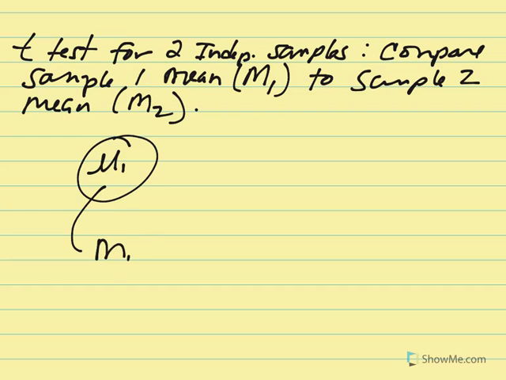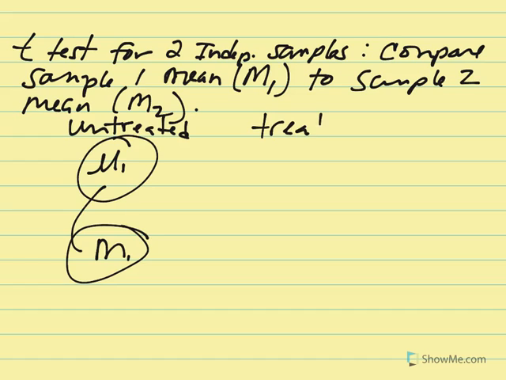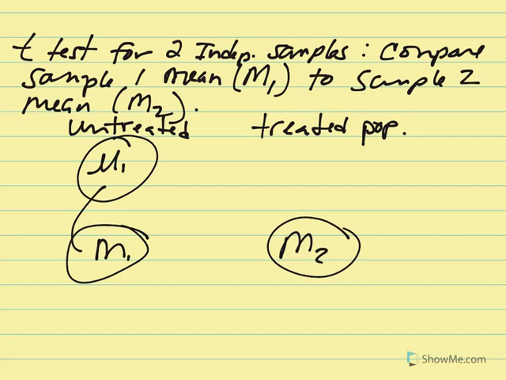and so let's say this is the untreated population, and then the treated population. Again, we're going to select a sample and average how much depression they're experiencing, and they then represent the treated population.